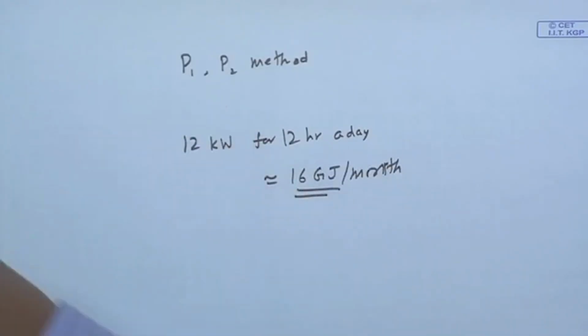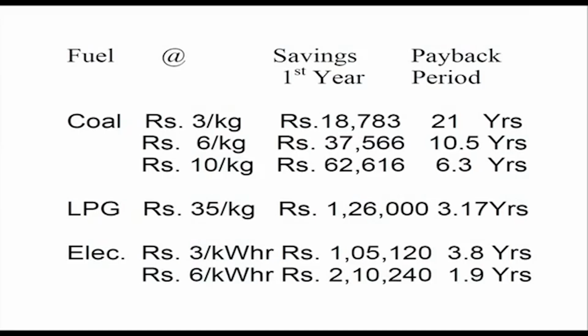So, if I use coal at a certain efficiency of 80% or 70%, the yearly saving is so much and the payback period is 21 years, and if it is at 6 rupees a kg, it comes down of course to 10.5 years, and at 10 rupees per kg, it is 6.3 years.